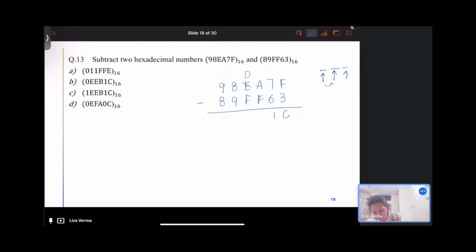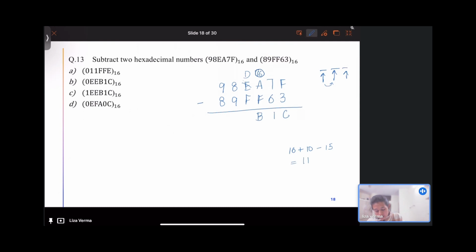So what will be the subtraction output? 16 plus A, which is 10, minus F, which is 15, will give us 11. 11 is B. Yes.